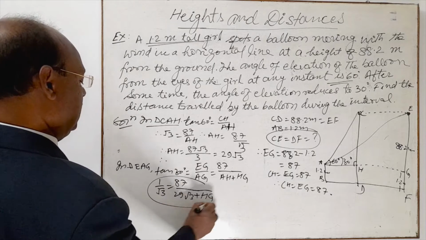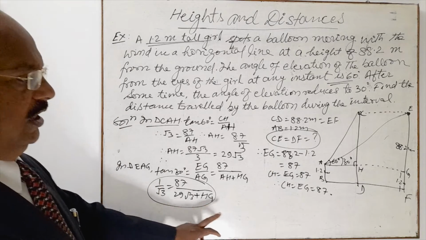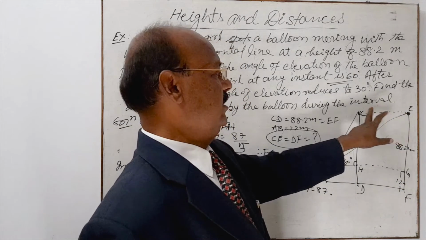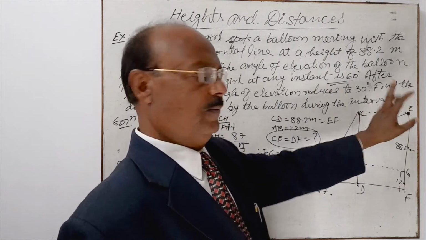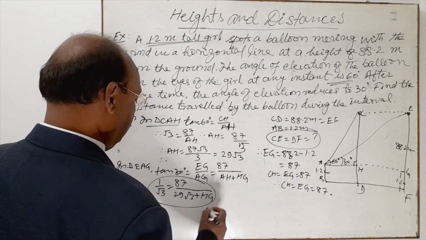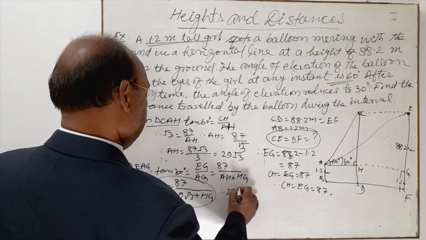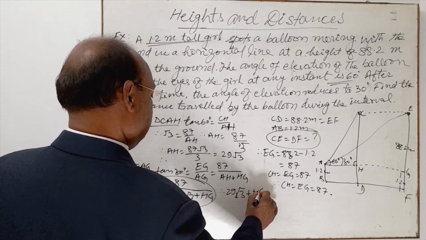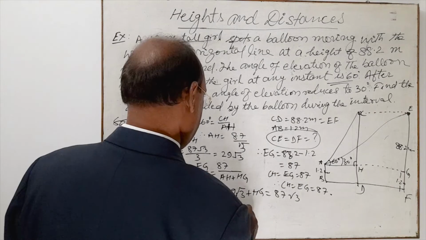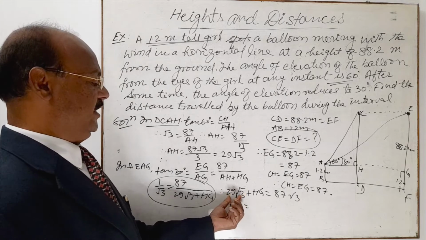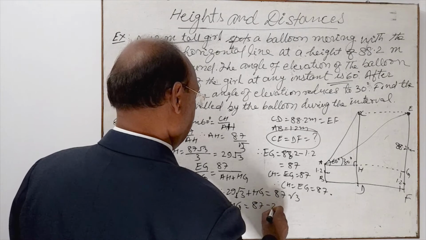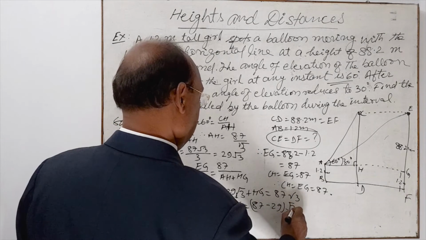Now we will simplify this part to get the value of HG, and this HG will be the answer because HG is equal to CE, which is the distance between two positions of the balloon. Correct? So try to simplify HG here. By cross multiplication, you are getting 29 root 3 plus HG is equal to 87 root 3. And therefore, HG is equal to, we can transpose 29 root 3 to the right hand side, and root 3 will be common. So 87 minus 29 into root 3.